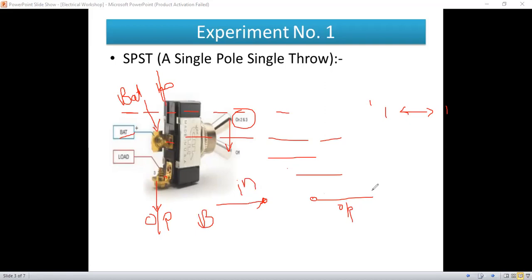At the output, suppose there is a bulb, or some load connected. And this is the switch arm. Now if this switch is moved to the other side, then these two terminals are connected directly. So it is nothing but a single pole single throw.